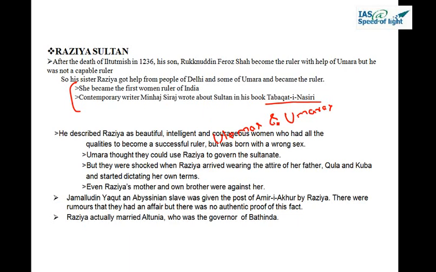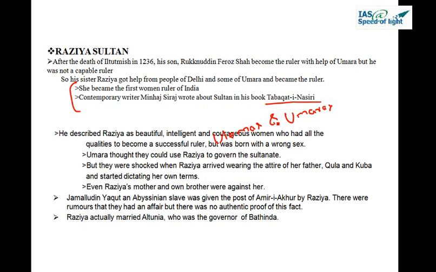Umaras thought that since Razia is a woman they could use her to govern the Sultanate, but they were really shocked when one day Razia arrived at the court wearing the attire of her father, Qaba and Kulah, and started dictating her own terms. So soon the Umaras realized that they cannot use Razia as a puppet, and she is a really powerful leader, and even Razia's mother and own father were against her.